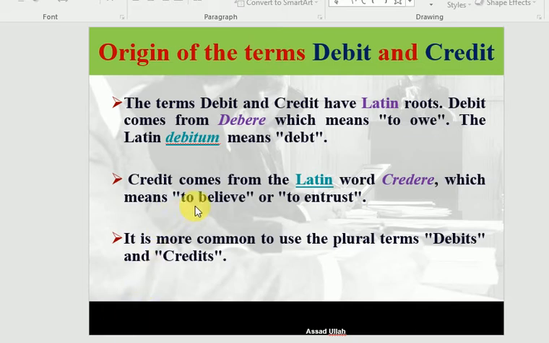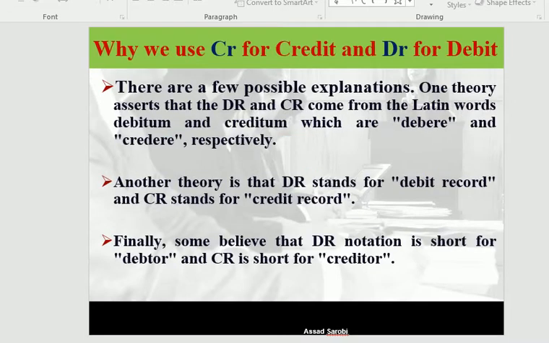In other words, debit is derived from debitum and credit is derived from creditum, both Latin words. Debitum represents the left side and creditum represents the right side.